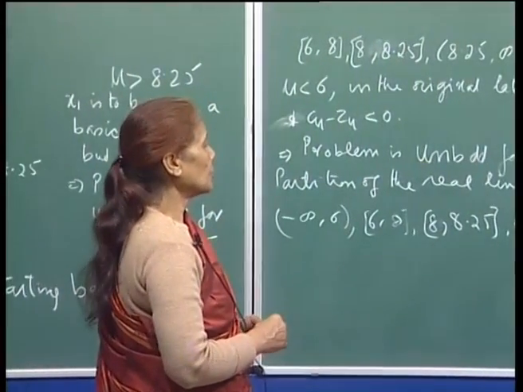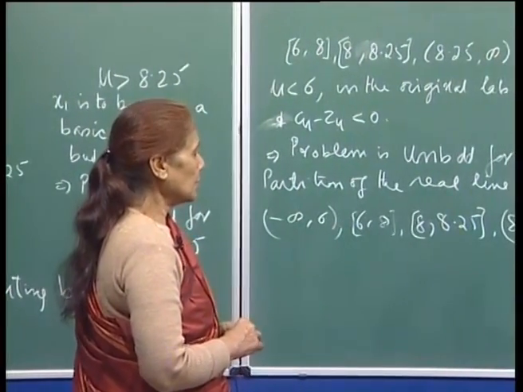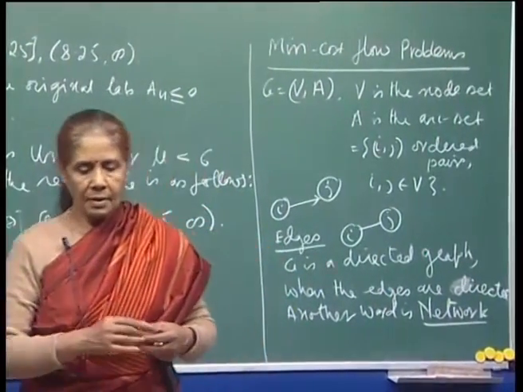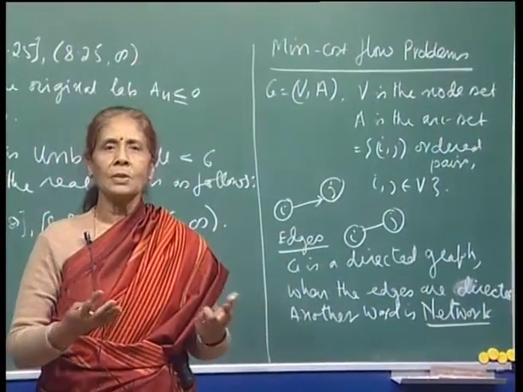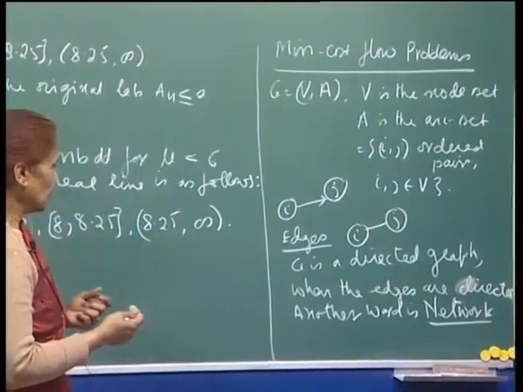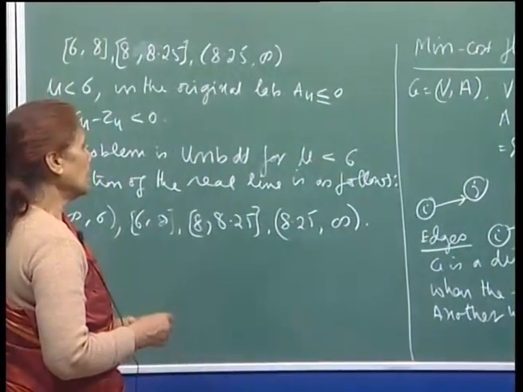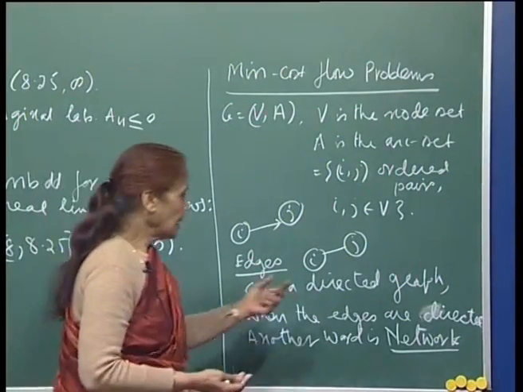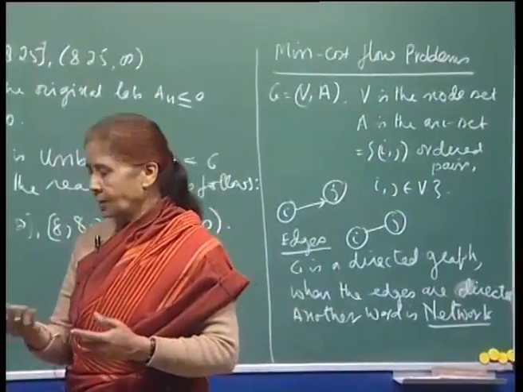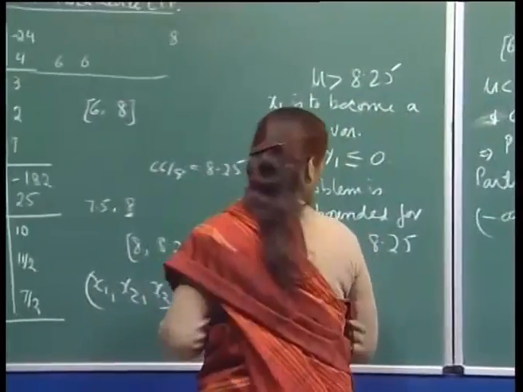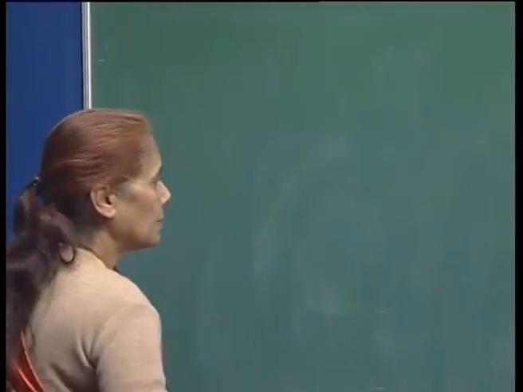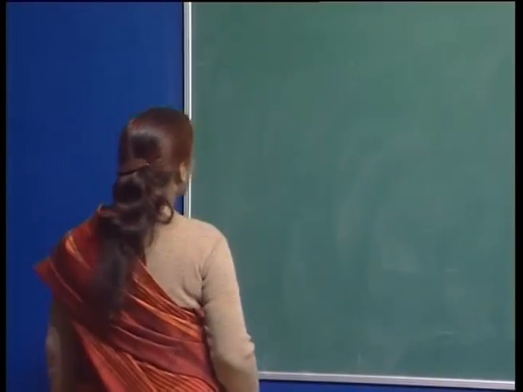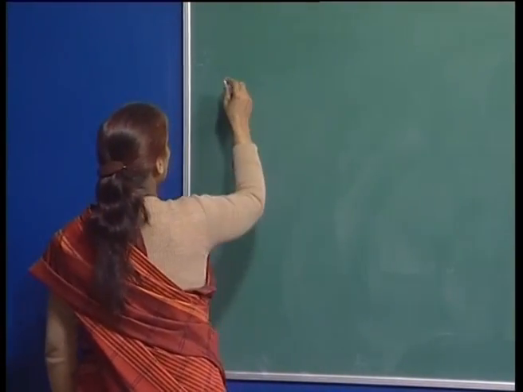That means you are considering only directed edges, because networks are basically considered in the connection of flows, and so you always have directed edges in a network. So, I will be using directed graphs and networks synonymously, right. Sometimes I may refer to it as this and so on. So, let me first define the thing, and let me define the problem.